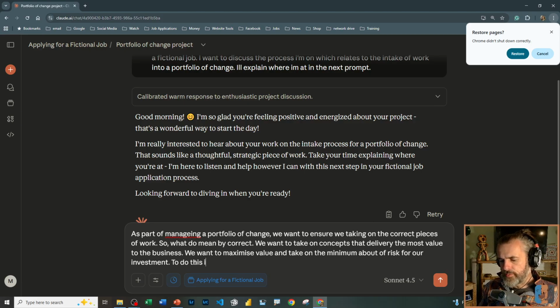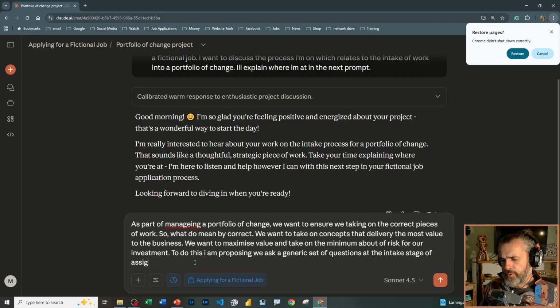To do this, I'm proposing we ask a generic set of questions at the intake stage of assigning work to a portfolio of change.